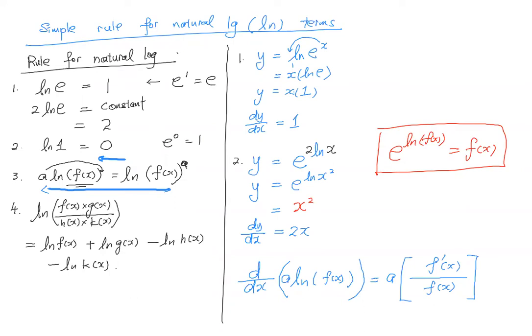So that is how you differentiate a natural log term. Condition: this is just a function without the power, and there's no product, no quotient. If I am given that, then what should I do? I will tell you later.